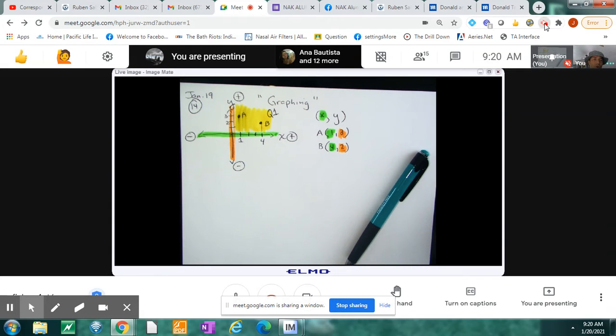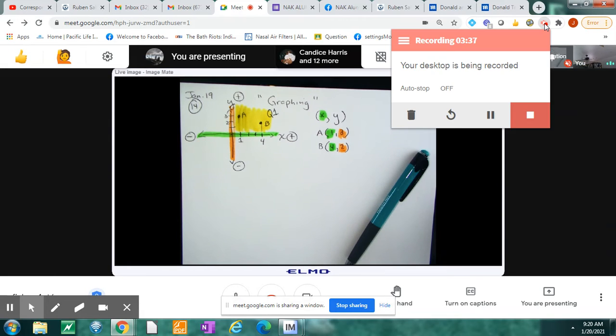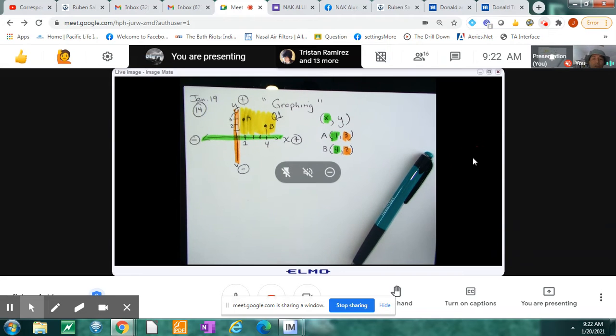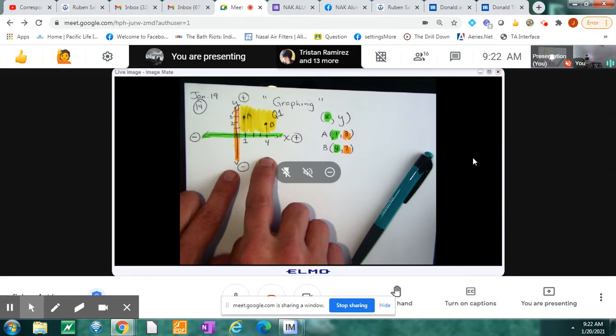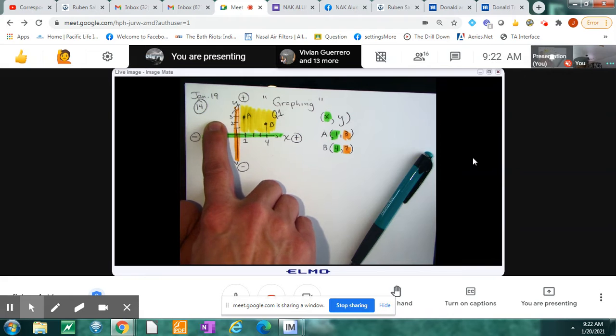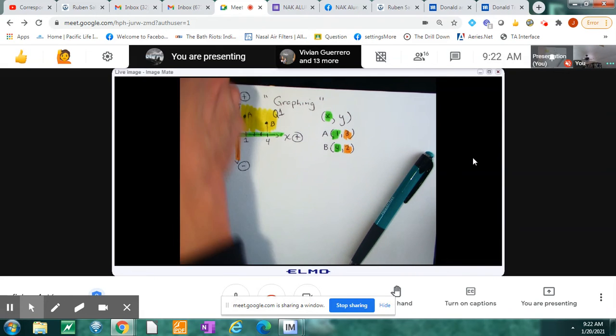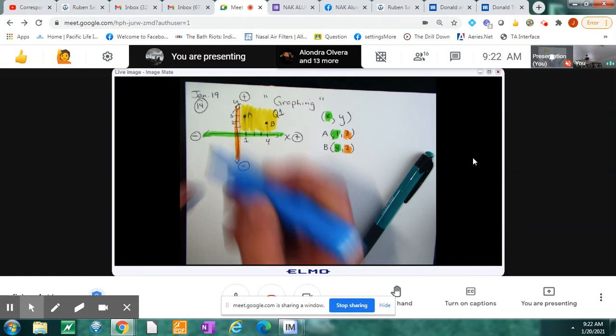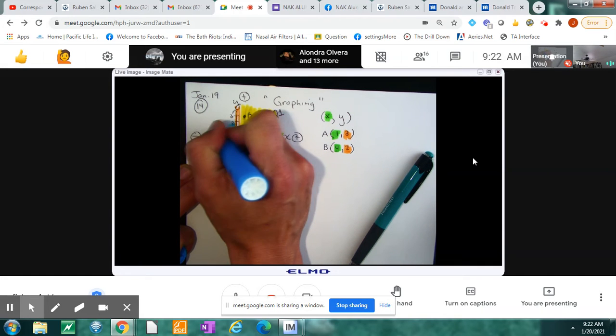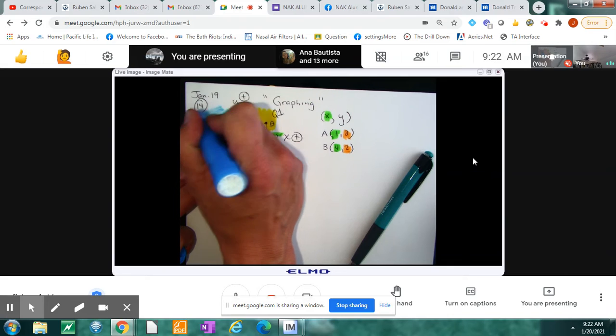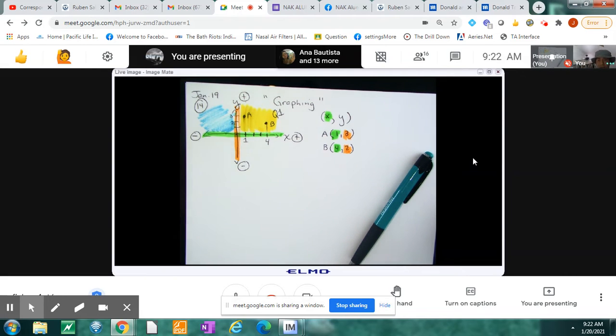I'm going to call individuals and see if you could give me another point in quadrant one. For example, let me call Anna. Can you give me another point that's in quadrant two? Is it the bottom, is it here or on the left? Quadrant two is actually right here. Remember, not on the line.